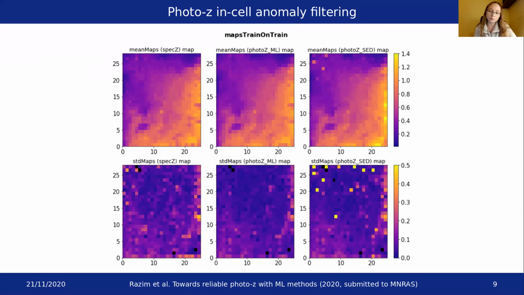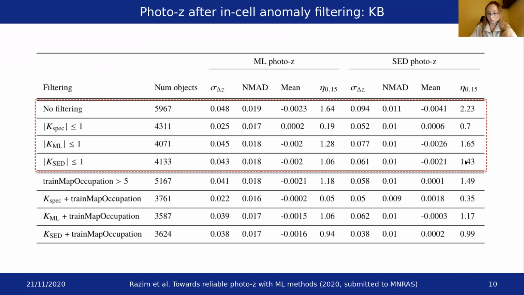So if we remove these in-cell anomalies in terms of template-fitting photo-Z, we also get an improvement, basically around half of the outliers for template-fitting photo-Z. We can discard them in this way. And of course, we have to consider that this is a cleaning without the previous spec-Z anomaly detection removal. So if we remove both anomalous spec-Z and anomalous template-fitting predictions, we will get even better results.